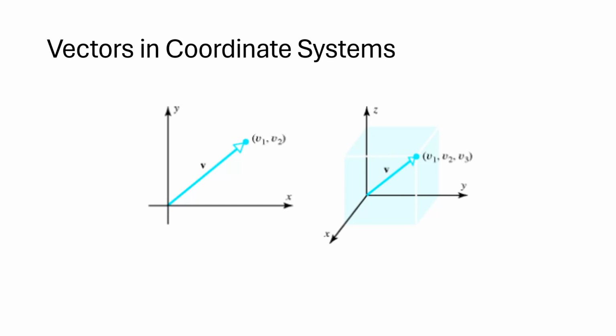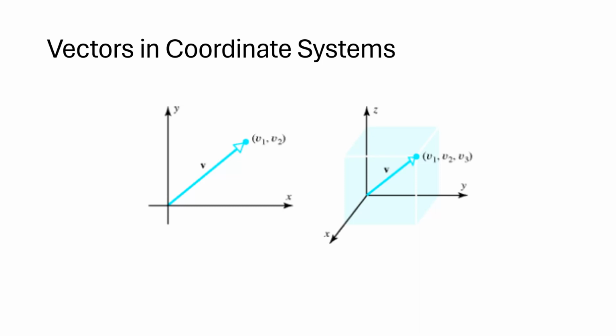So we have the component forms of the zero vectors. Of course, in 2-space the zero vector is 0, 0, and in 3-space the components of the zero vector would be 0, 0, 0.